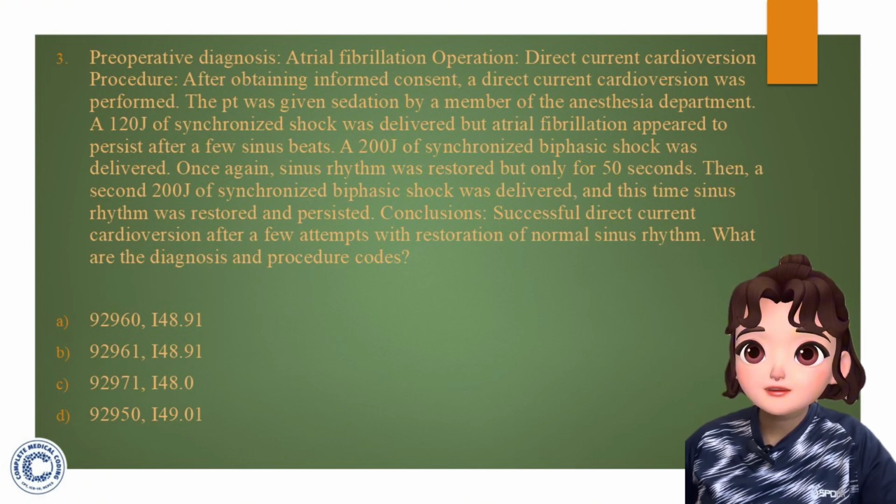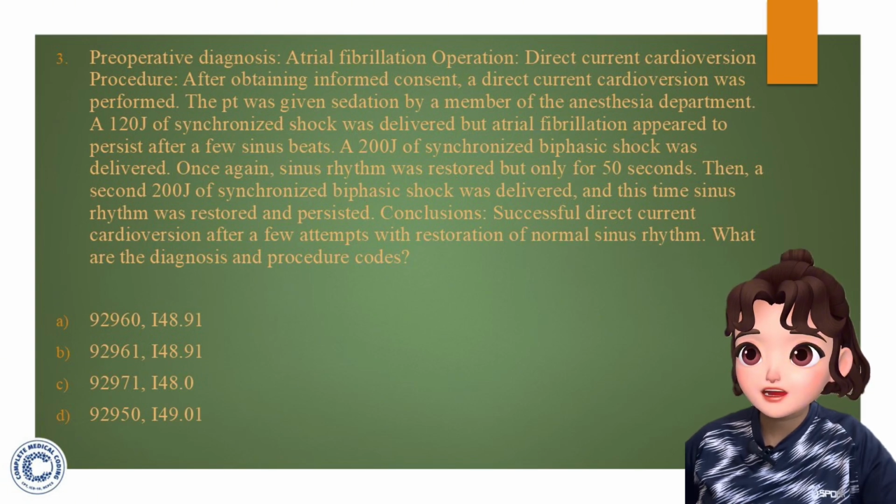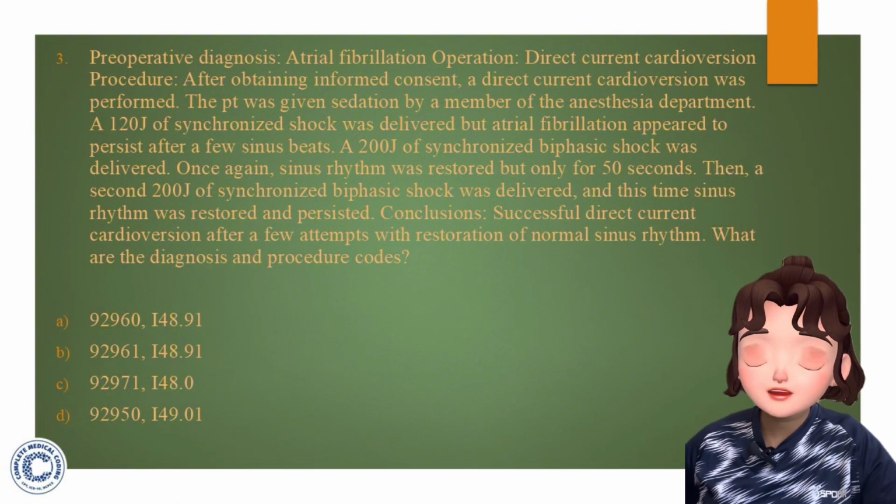A 120 joules synchronized shock was delivered, but atrial fibrillation appeared to persist after a few sinus beats. A 200 joules synchronized biphasic shock was delivered. Once again, sinus rhythm was restored, but only for 50 seconds. Then a second 200 joules synchronized biphasic shock was delivered, and this time sinus rhythm was restored and persisted.